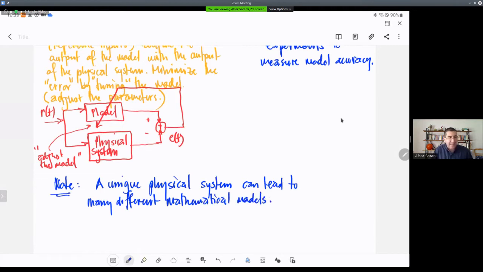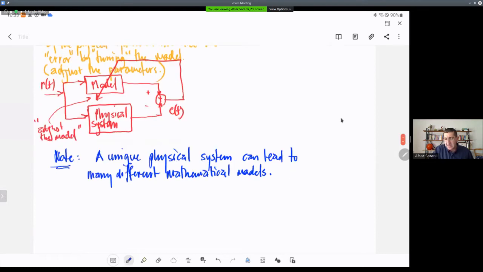Why is that the case? That depends on the chosen complexity, which means you may wish to simplify the model by making some assumptions, and that's going to have a resulting accuracy. Okay, so you can have more complicated models, or you can have simpler models, depending on what serves your purposes at that point.